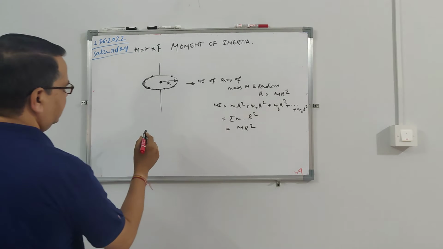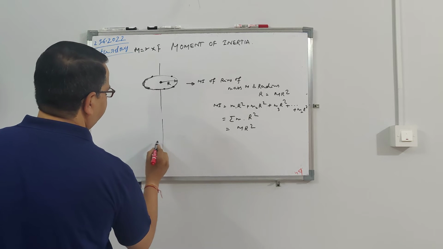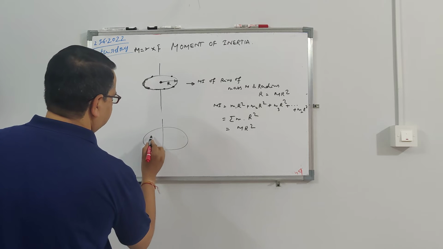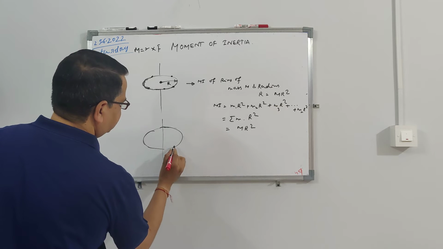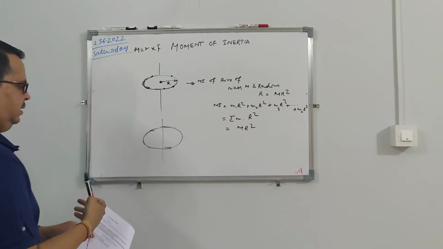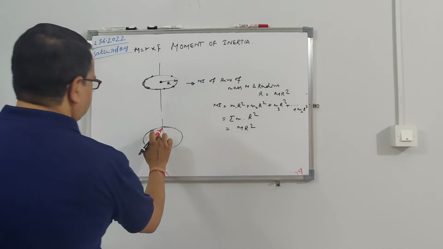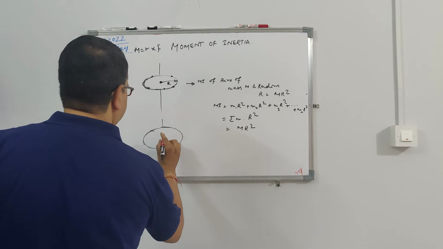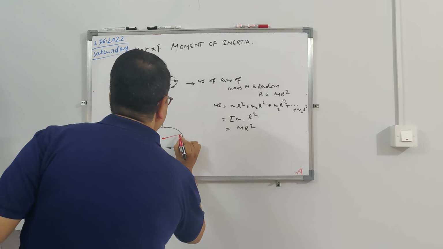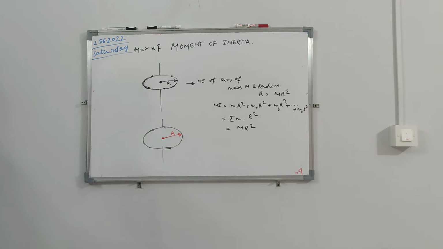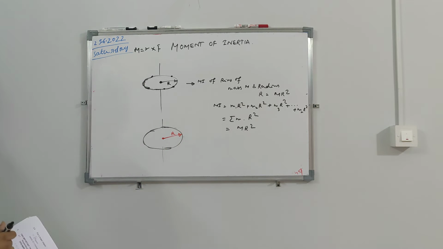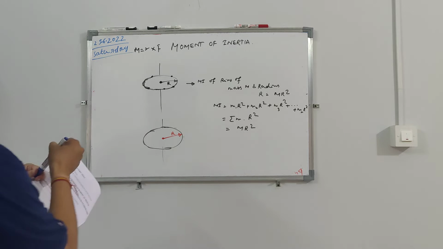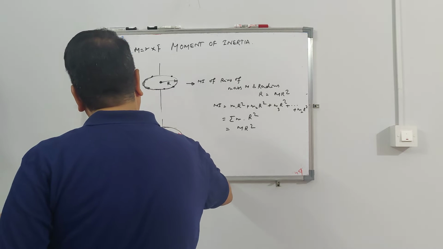In place of a ring, if it becomes a disc, let us say this is my center. This disc will have mass throughout.